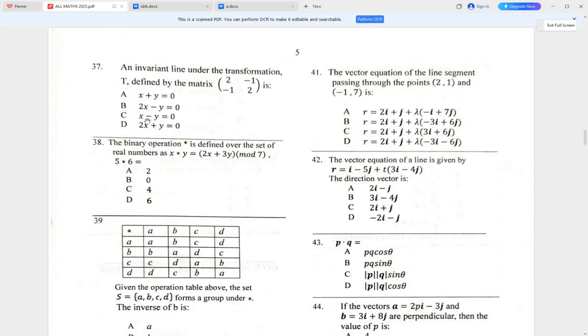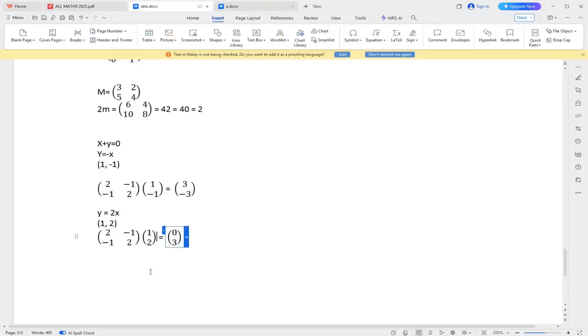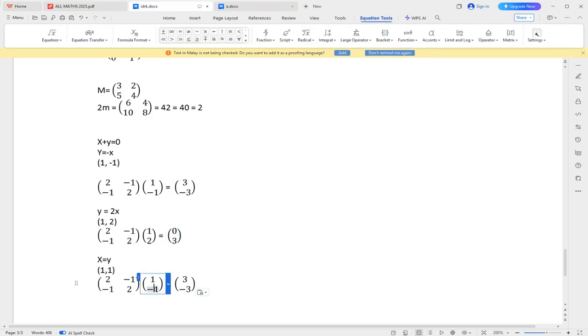Now proceeding to the next line, we have x minus y is equal to 0. So in the form y is equal to mx plus c, we have x is equal to y. Now for a point on the line, x is equal to 1, y is going to be equal to 1. And transforming this with the transformation matrix, 2 times 1 is 2, minus 1 times 1 is 1, 2 minus 1 is going to give us 1, and -1 times 1 is -1, plus 2 times 1 is 2, -1 plus 2 is going to give us 1.